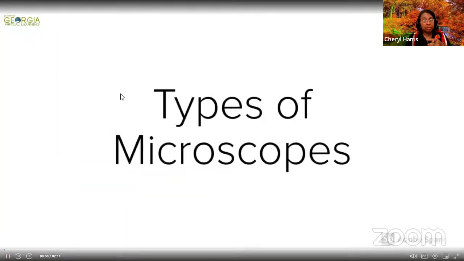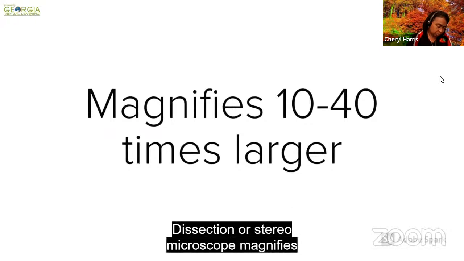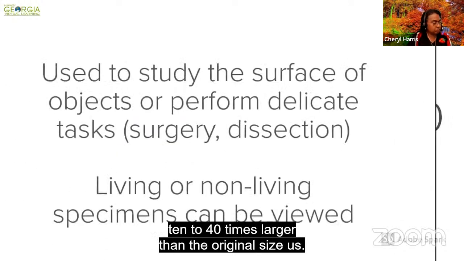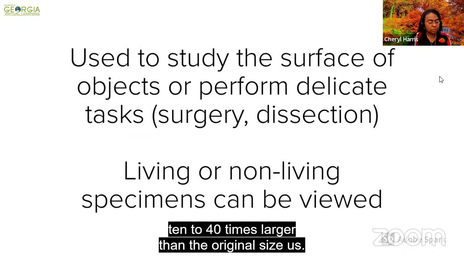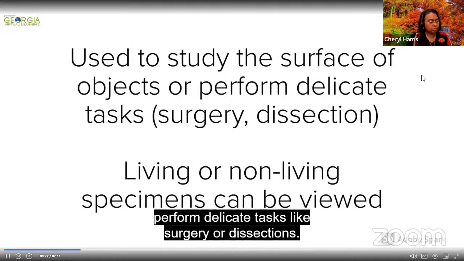Microscopes. Dissection or stereo microscope magnifies 10 to 40 times larger than the original size. Used to study the surface of objects or perform delicate tasks like surgery or dissections.